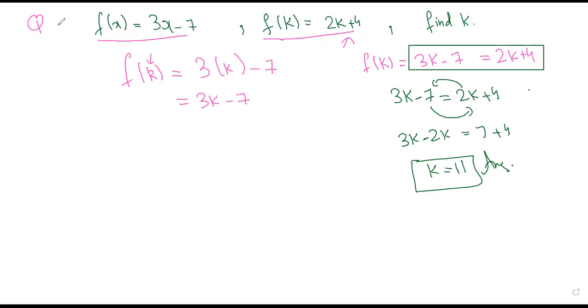Let's say this time the question is that f of x equals 3x minus 9, and you have been told that 2 times f of s is s plus 10. So find the value of s.